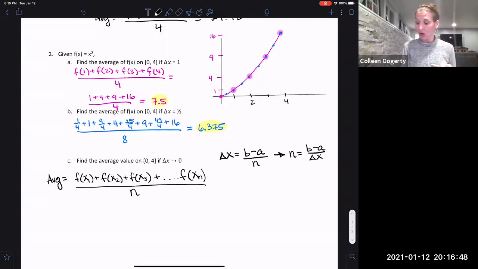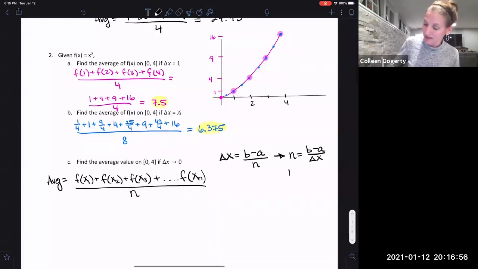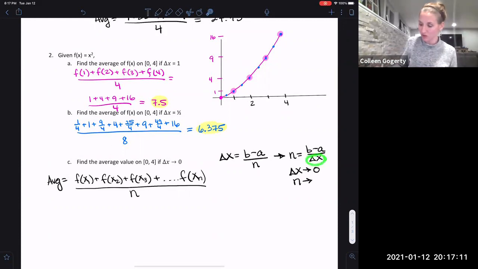Well, I want us to figure out what would happen then in this problem. So I want you to think about the limit. As delta x goes to 0, what's n going to? Think about it: as delta x goes closer and closer to 0, that means n is getting closer and closer to infinity.